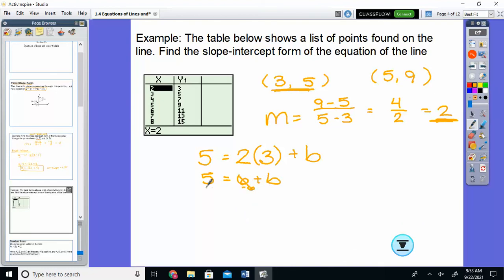I subtract my 6. My y-intercept is negative 1. So now I have my m and my b, so the final equation is y equals 2x minus 1. Do any of you prefer the point slope like I did the first one? Everybody's good with this way if I continue doing this for the rest of them?